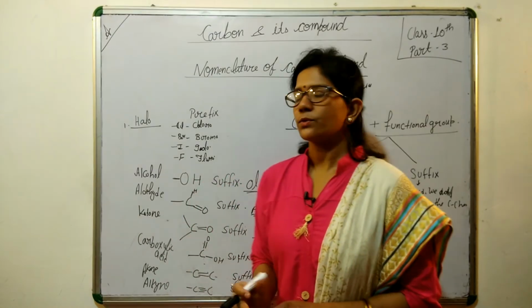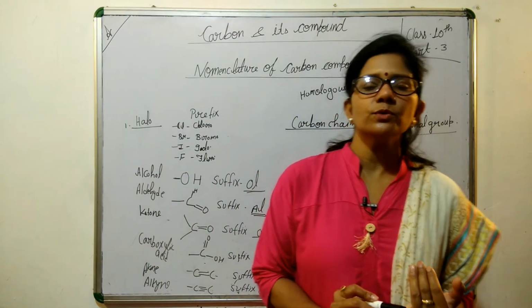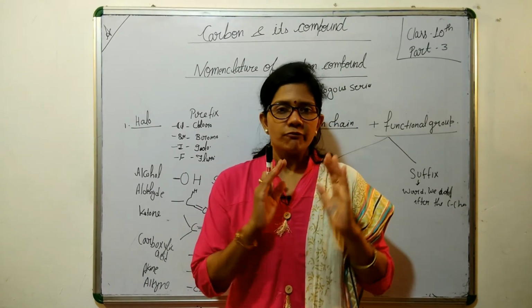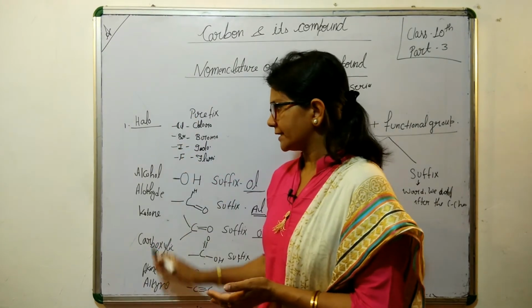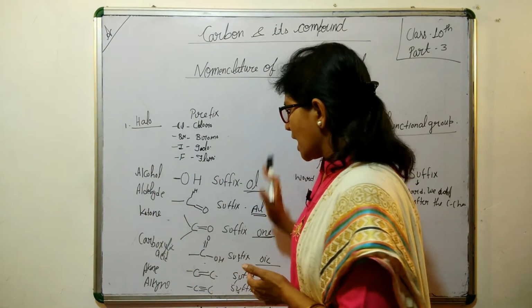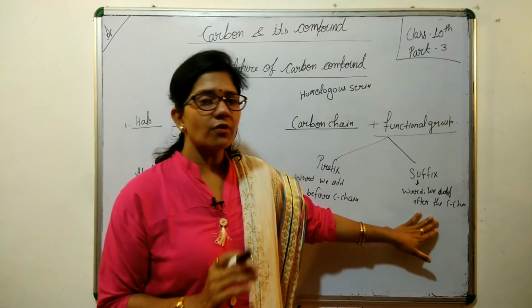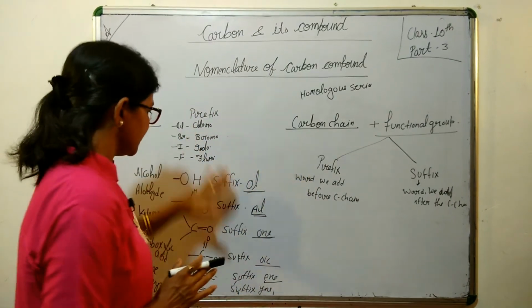Now the first rule is how we give the name to the carbon chain, from meth to dec, and then we add the prefix or suffix like this. And if it is a suffix, then what can be added actually? So you have seen this one.